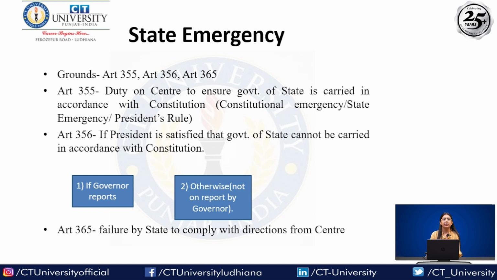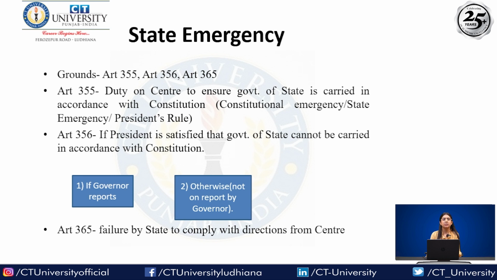If the government of the state is not carried on in accordance with the provisions of the constitution, then the governor can report to the president that this kind of situation is occurring, or that some sort of difficulty is arising. After the governor reports, accordingly this emergency can be declared.